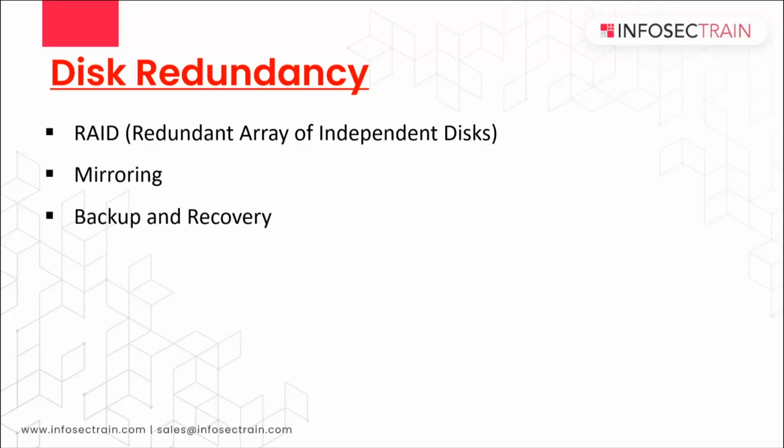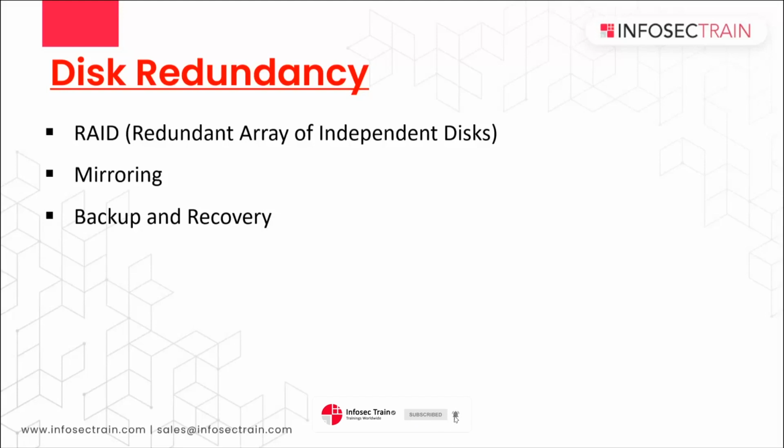In addition to disk redundancy, it is also important to have regular backups of critical data. Backups can be stored on a redundant disk system, cloud storage, or offsite locations to ensure that data can be recovered in the event of catastrophic failure, right?